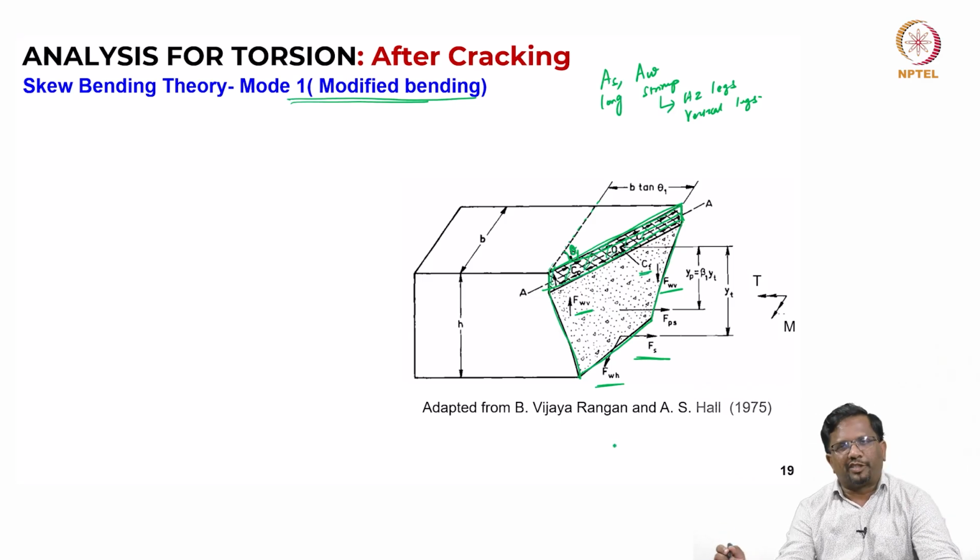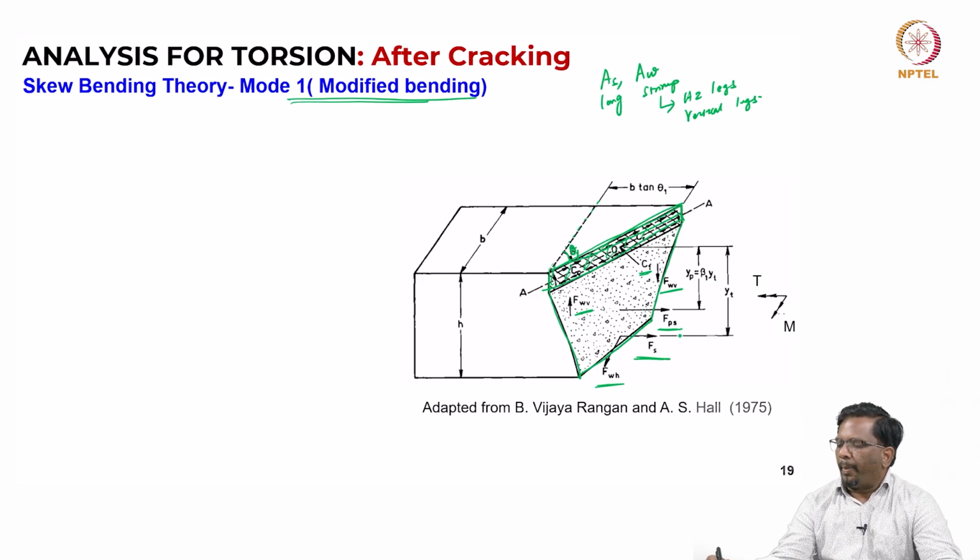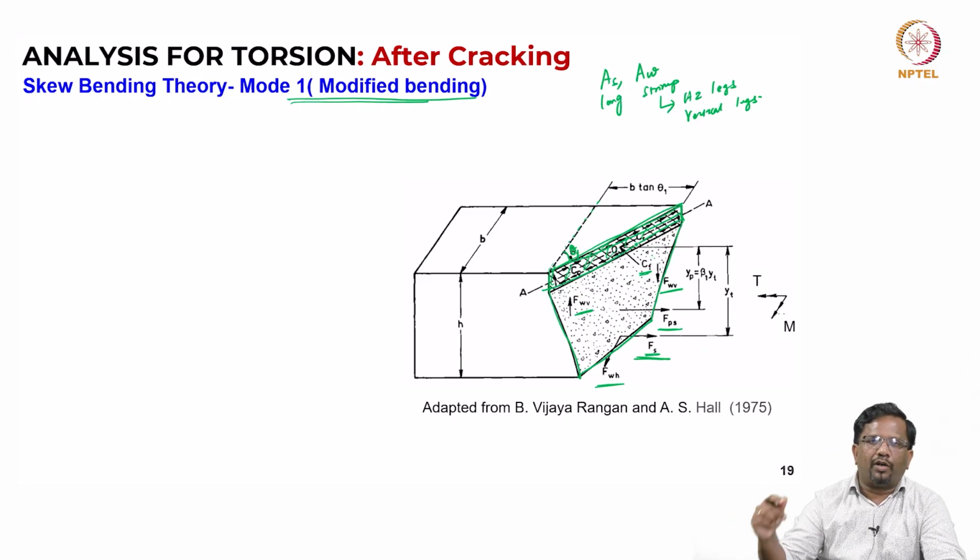Now, we are going to make some assumptions about where those locations are. This Yp, for example, is the location of the pre-stressing strand, FPS, which is at a distance of Yt. Now, what is Yt? Yt is the location of your tension force from the centroid of your compression force.